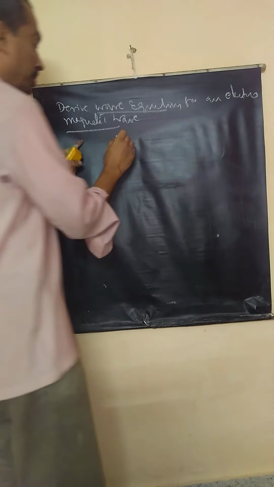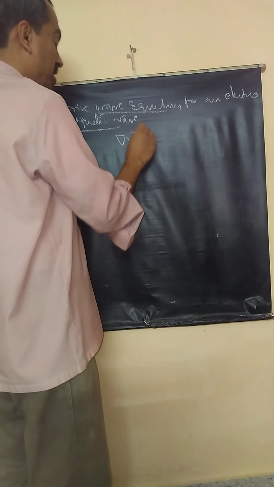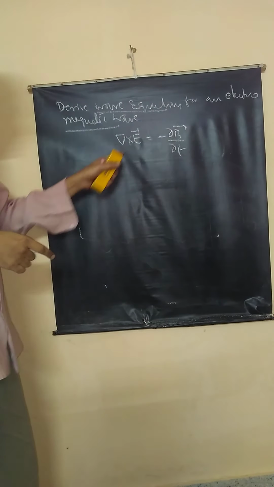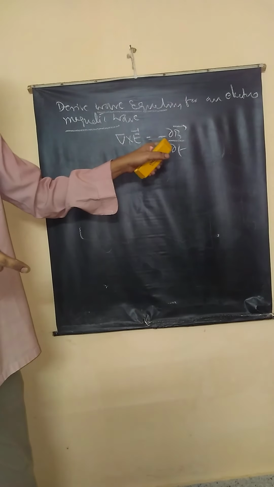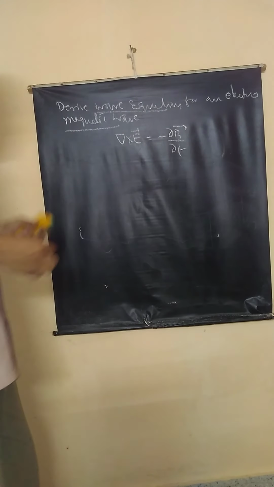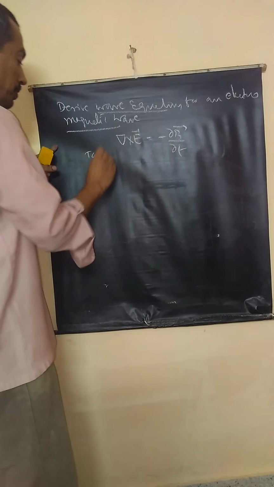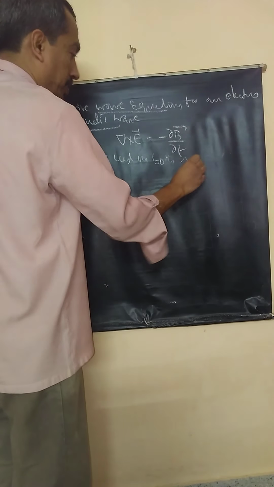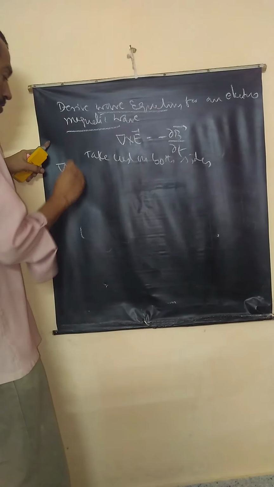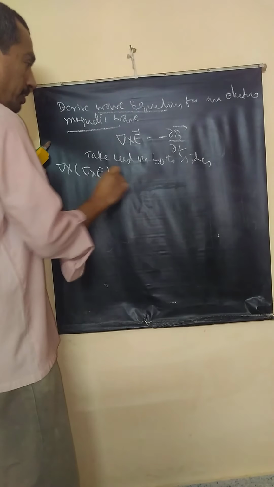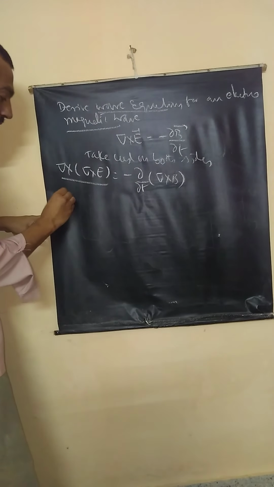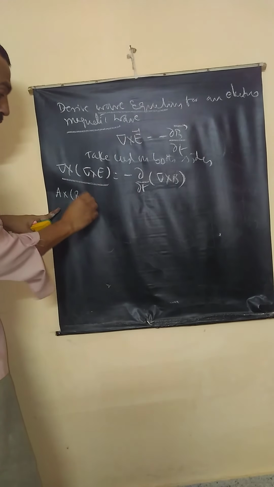I will start from Faraday's law, del cross E is equal to minus dou B by dou T. Curl of electric field is equal to minus rate of change of magnetic flux density. I will take curl on both sides. So del cross del cross E equal to minus dou by dou T of del cross B. Now apply the A cross B cross C vector identity rule.